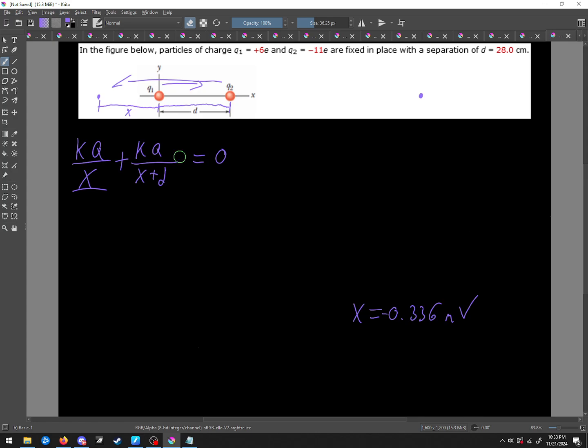So now all we do is we just say that's Q1, that's Q2, and you'll see this is evident because if we have this here, then this distance becomes x, and then that distance is d.